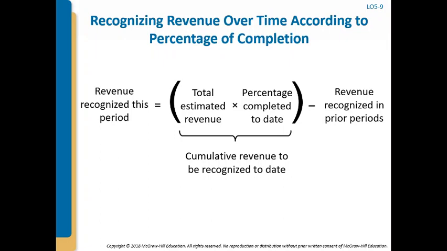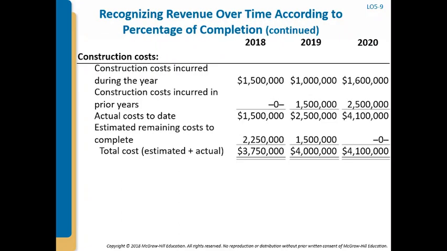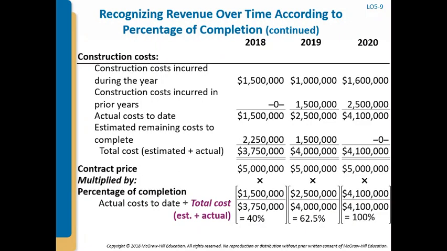Now, how do you figure out the percentage completed to date? Well, what you have to do is take the actual cost to date, which in that first year is 1.5 million, as we've seen.